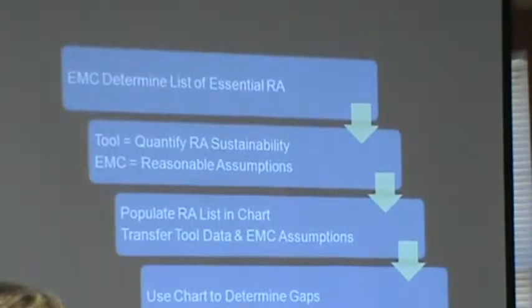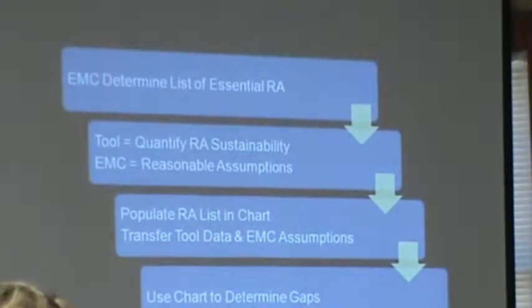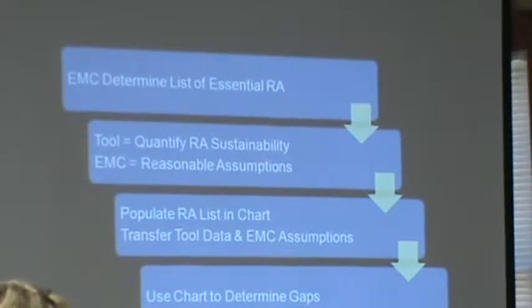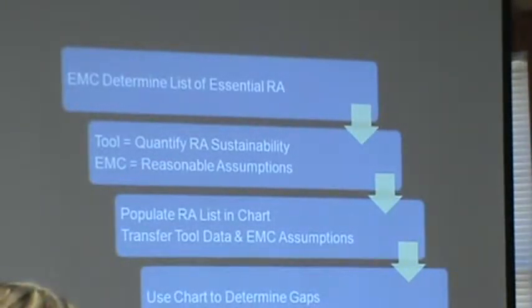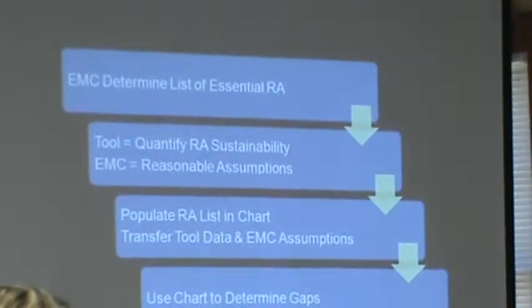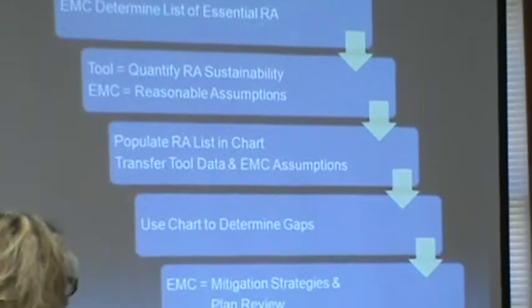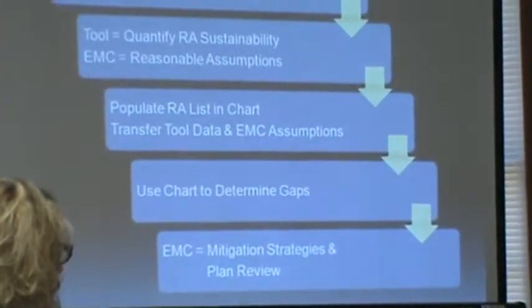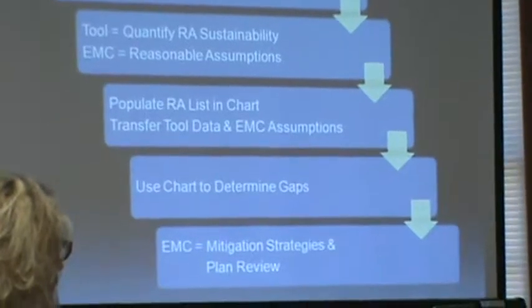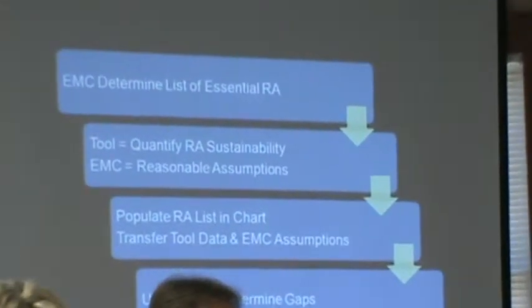And for those, the Emergency Management Committee will need to make reasonable assumptions and estimates to go into the process. The next step would be to populate your RA list into this chart here, to modify this as you decide, and to transfer the data that you get from the tool into this chart. You then use this chart to determine your gaps, and go back to the Emergency Management Committee to determine your mitigation strategies and any plan review.